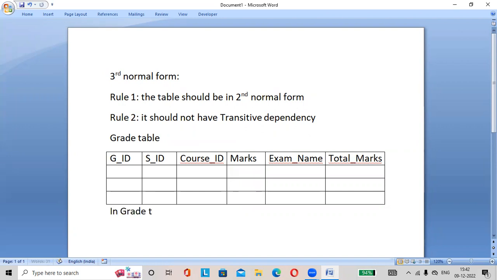In the grade table, the primary key is a combination of both student ID plus course ID.